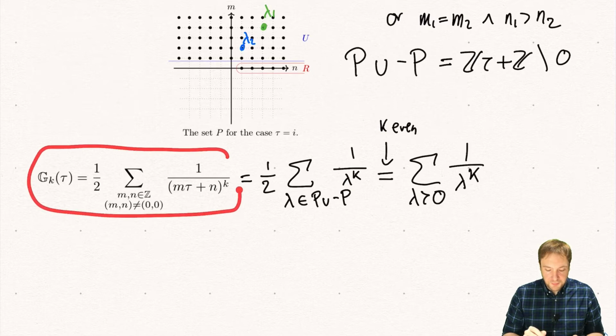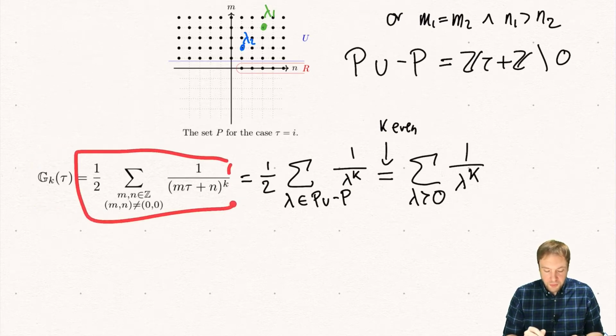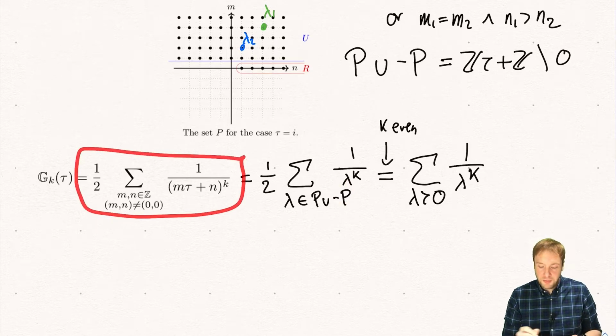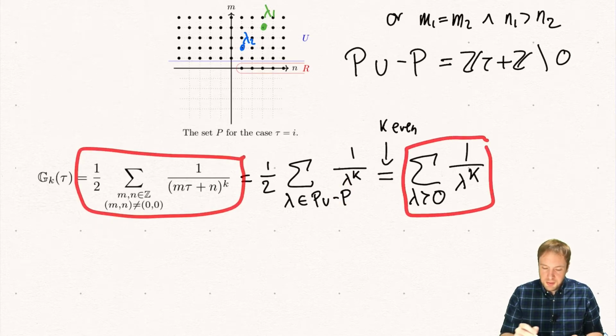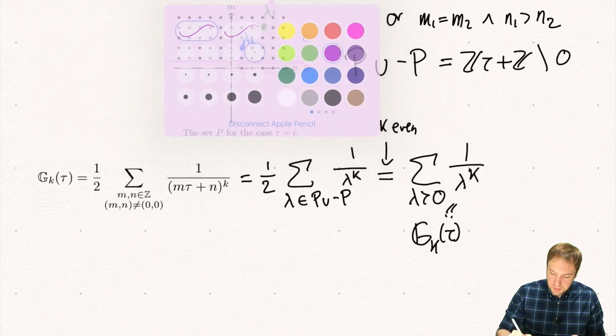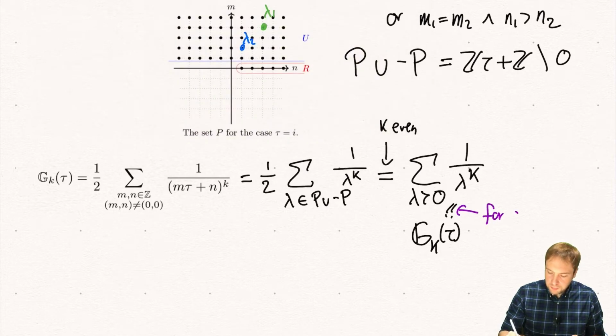In this case, if k is odd and greater or equal to 3, this sum converges, but because each point cancels out with its negative point, the original sum vanishes for odd k. But this sum here, we can take now as a new definition of Gk. So this is a new definition, but now for all k greater or equal to 3.